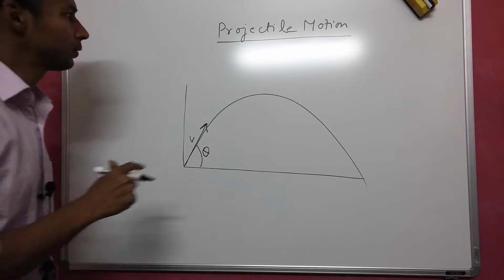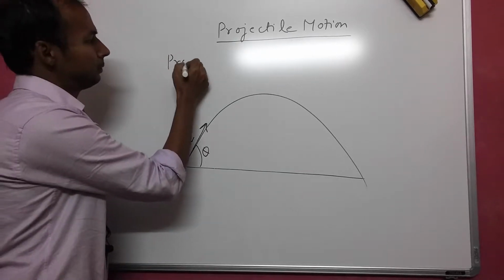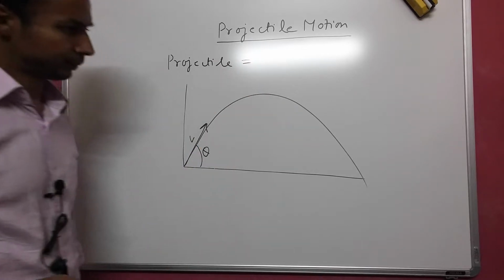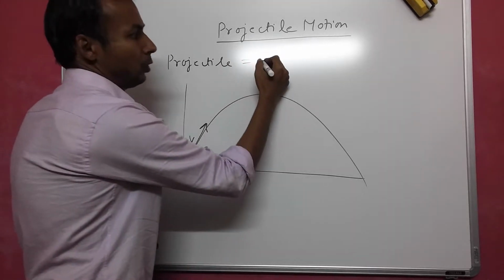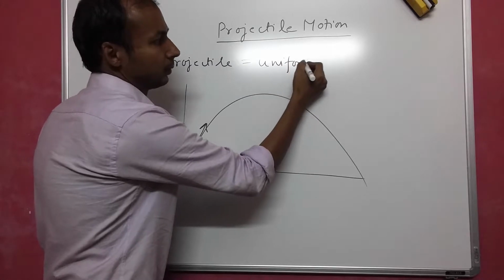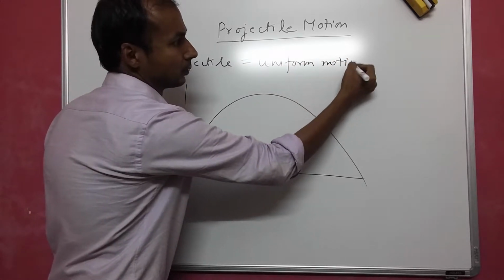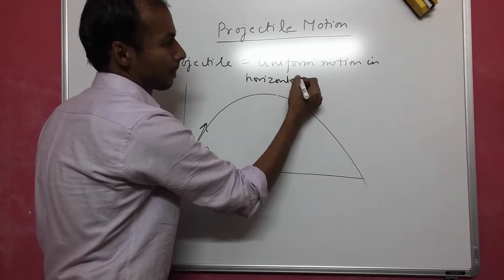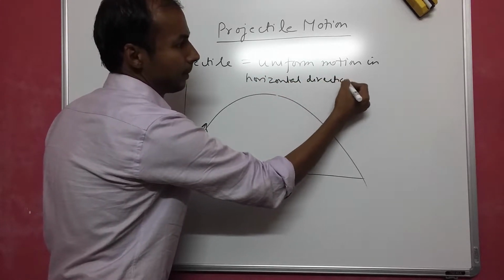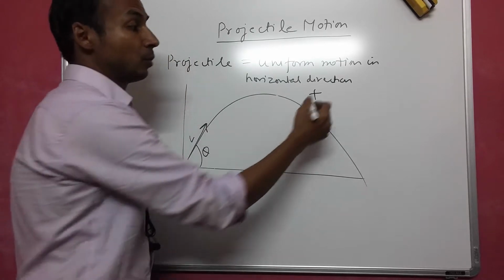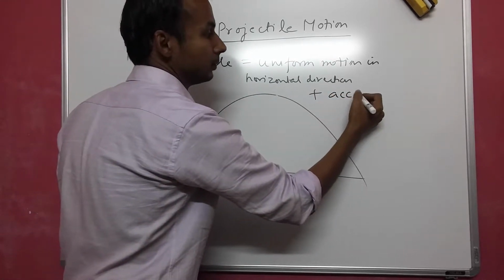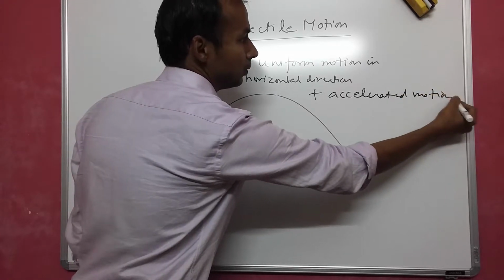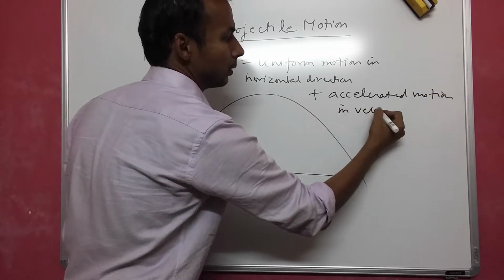The first thing that we have to remember is that projectile motion is a combination of uniform motion in horizontal direction and accelerated motion in vertical direction.